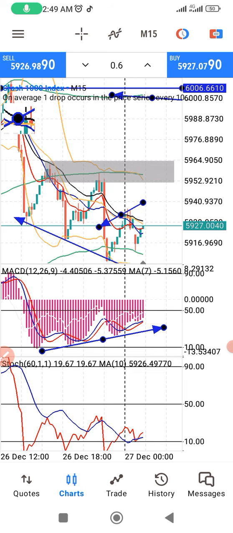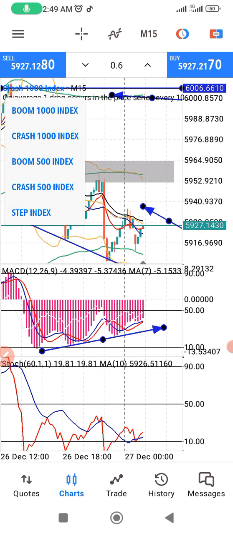Once price closes above this moving average, our first entry, we are looking forward to take our profit somewhere here, or we take partial and we ride to the upside.